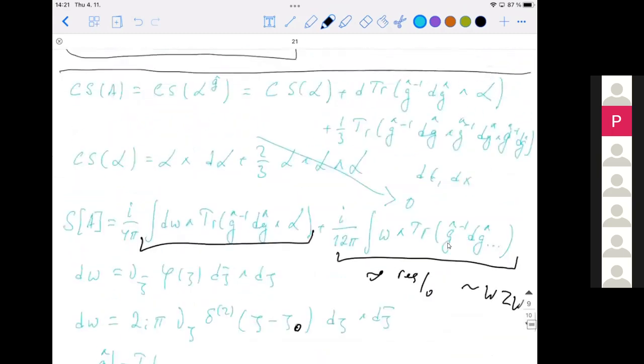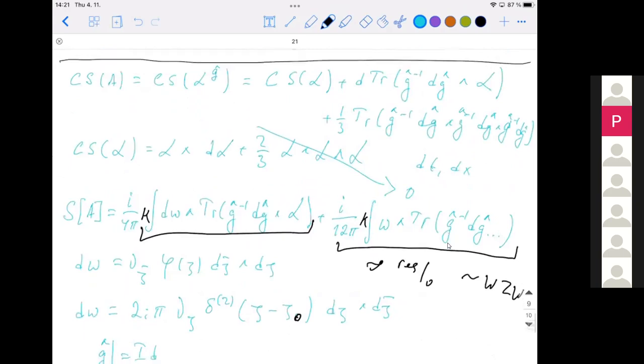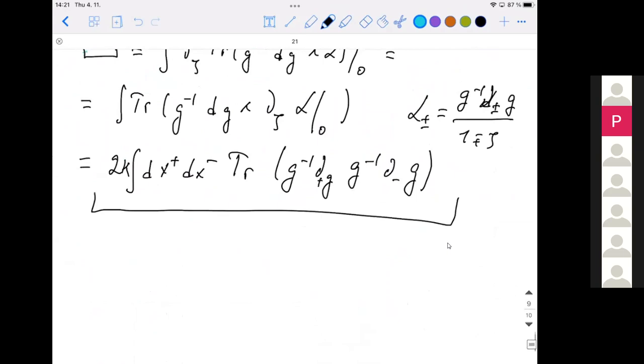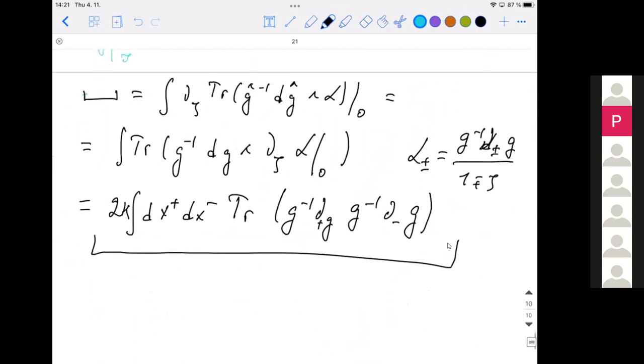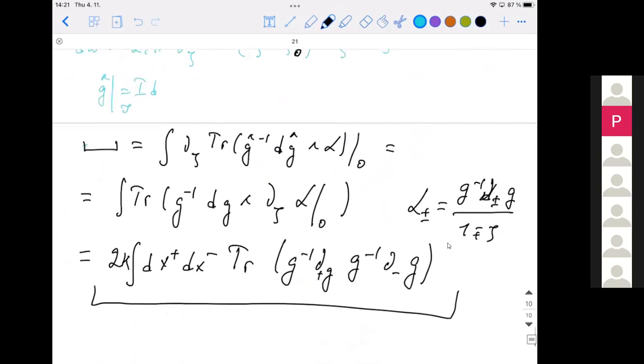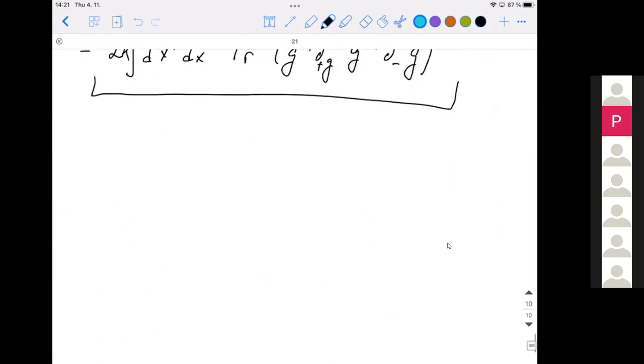You mean here also? Yeah. At the level. Yeah, exactly. Okay, so this is the story for PCM. So this approach produces correctly all the action and Lax connection for this PCM.